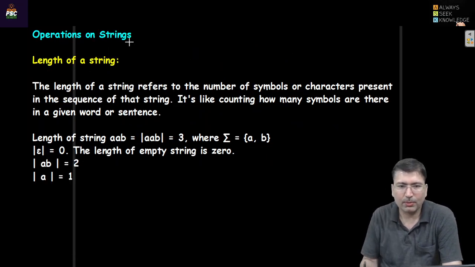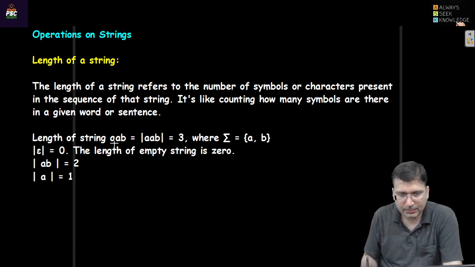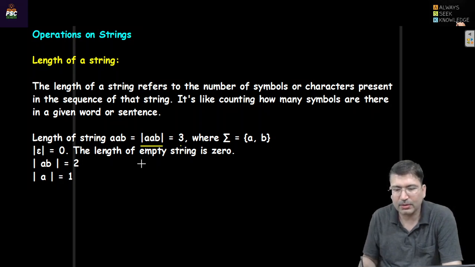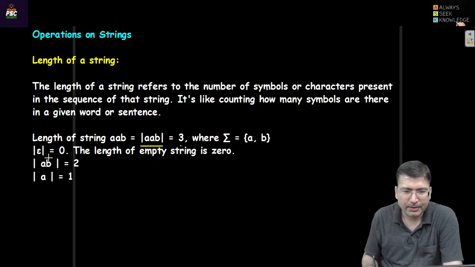Now the next, operations on a string. There are a few operations we can perform on these strings, like we can find the length of a string. The length of a string is nothing but the count of the characters, or the count of the symbols, present in that particular string, right? So if we take the example of AAB and try to find its length, because there are three symbols, the length will be 3.